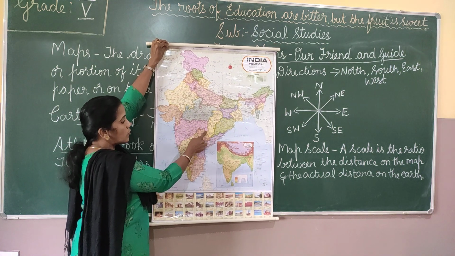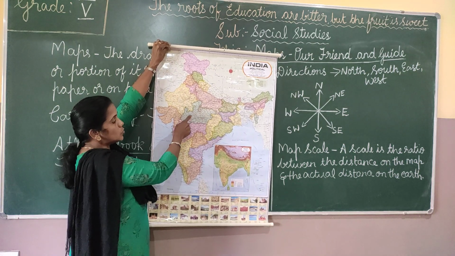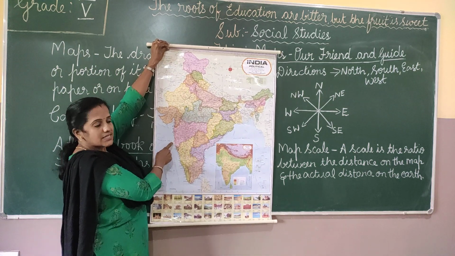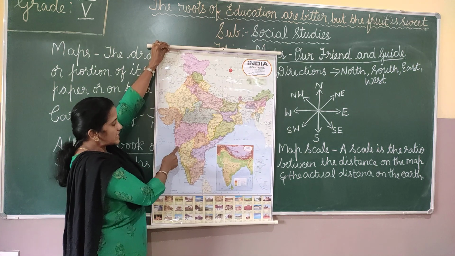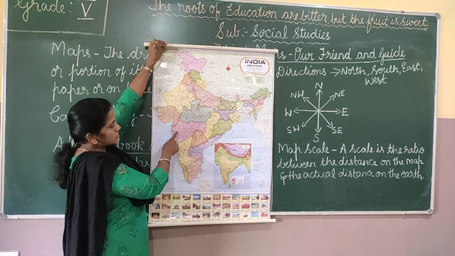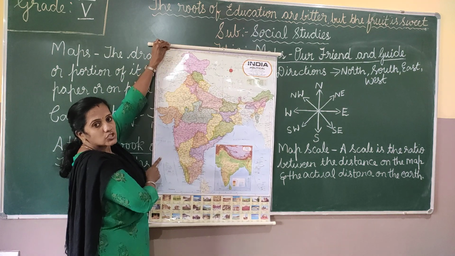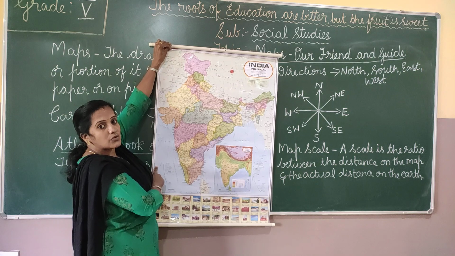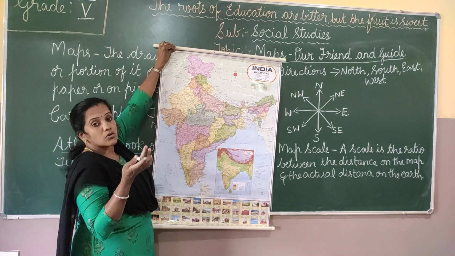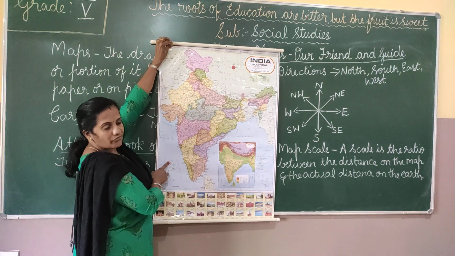We can see the boundaries between two states. So this is a political map: the map which shows the boundaries between two countries or two states. Now this is the political map of India.